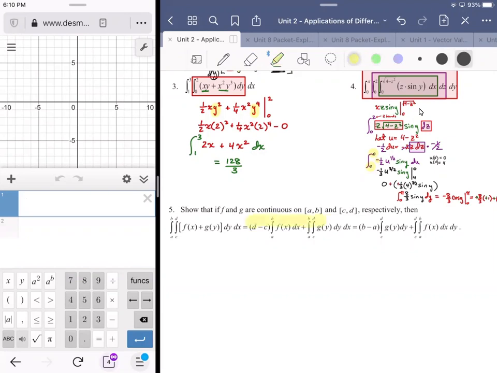Because I got to admit, when I first saw this problem, I think I got this from the Larson textbook, the old multivariable calculus textbook. I might be wrong about that, but I'm pretty sure that's where I got it from. I remember looking at this being like, that's a juicy one.